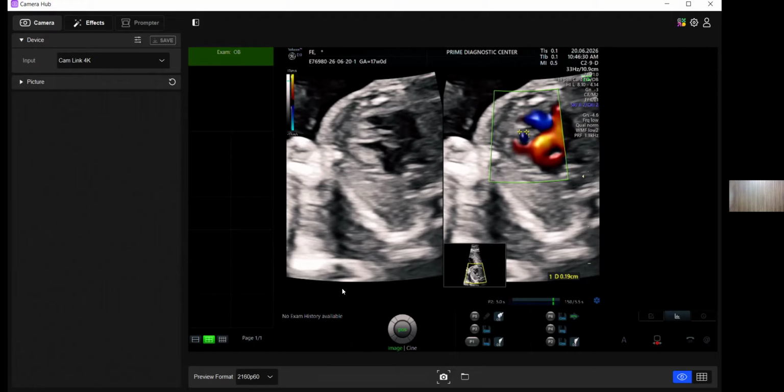If the position is a normal lie or a breech, you keep it on the left side. And in case it's oblique, you just go and take the cross section.